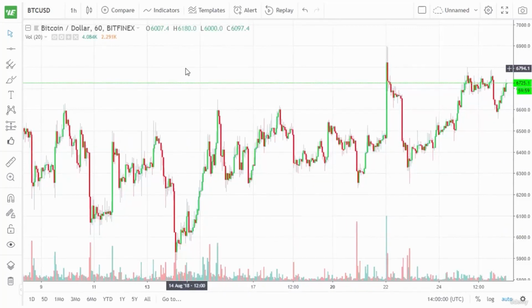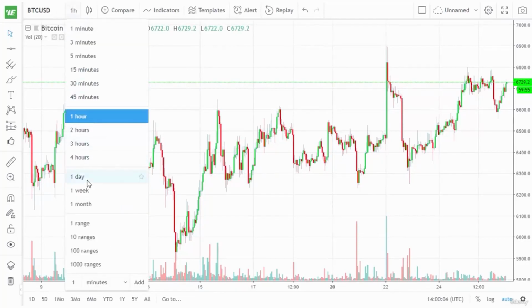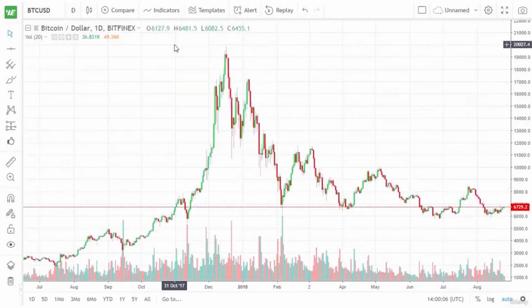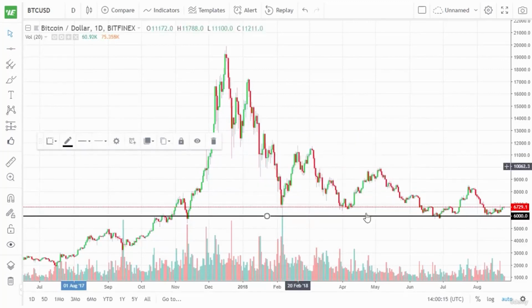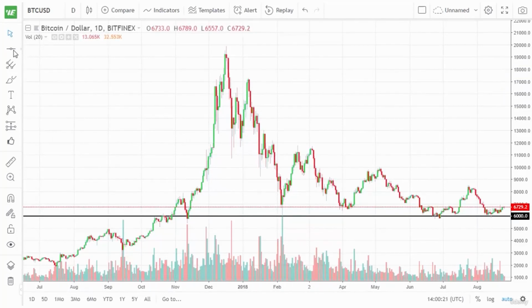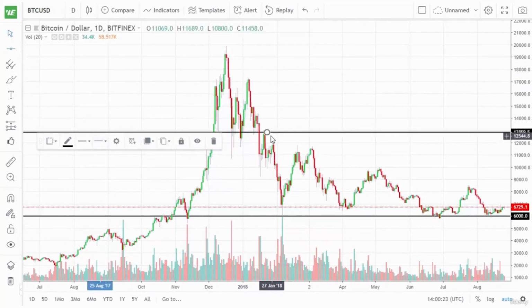The last thing that I would say about support and resistance is that it's more important on the higher time frames. While you can go through on the 15-minute chart and find minor support and resistance levels, the ones that truly matter, the ones that truly move the market, are found on the daily or even weekly.